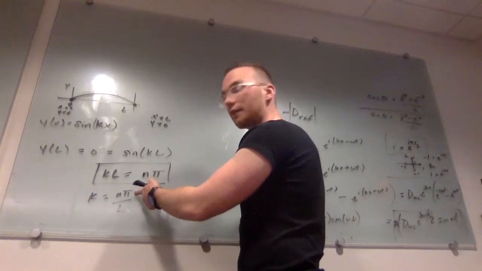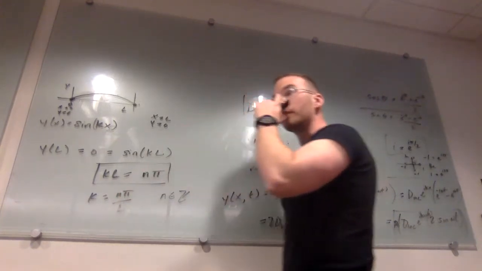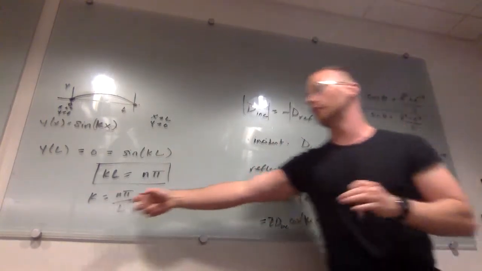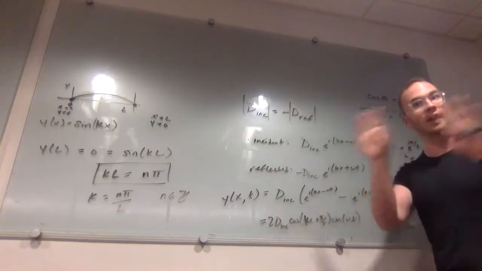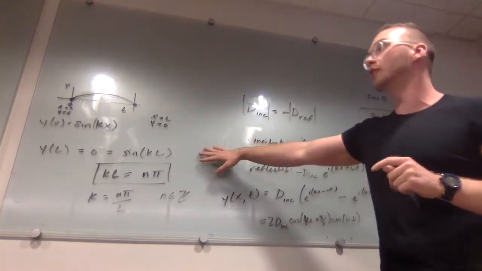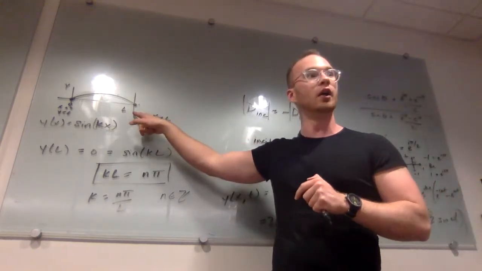Pi is a constant. So n takes that fixed number and says that any multiple of it is an allowed value of k, but all other real numbers will not satisfy this equation, which means they can't describe the wave here.